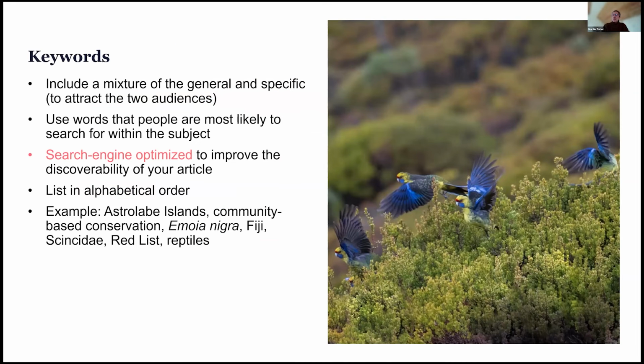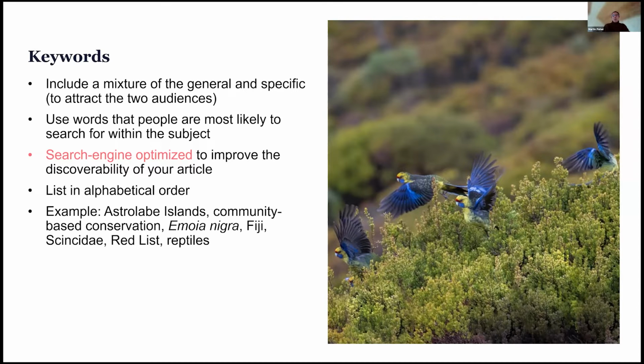The next thing you should consider getting as correct as you can are the keywords. The most important thing I'd like to say about getting a good selection of keywords with your article is to search engine optimize them. That is to ensure that your keywords will be picked up by search engines, principally Google.